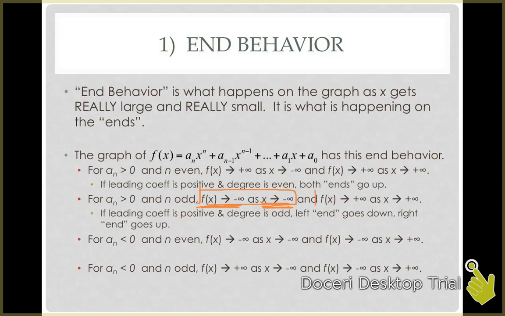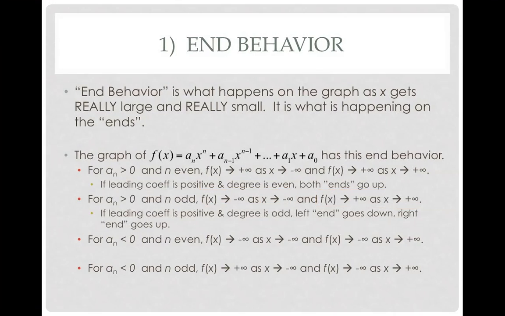And this part is saying, as my x's go to the right, my graph goes up. So that's what happens in the cubic. That's what we just saw when we drew our new shape with the shelf. The left side was going down and the right side was going up. So a positive leading coefficient with an odd degree has end behavior that's going to act the same way.